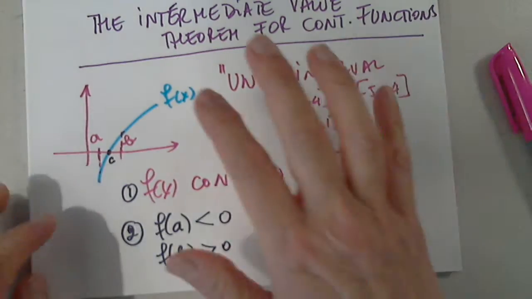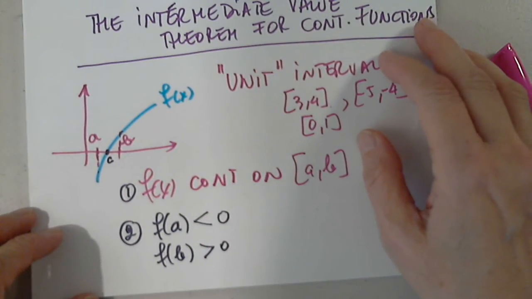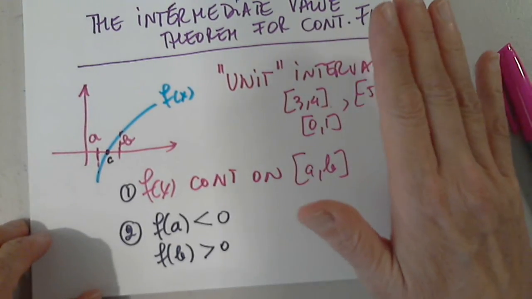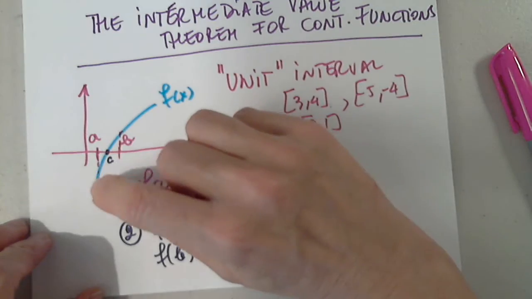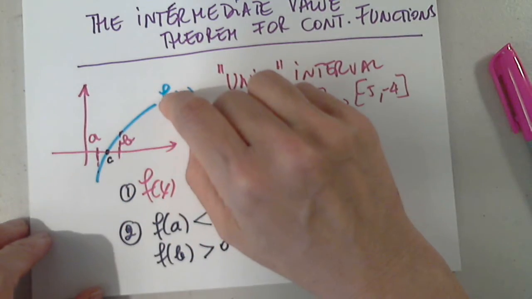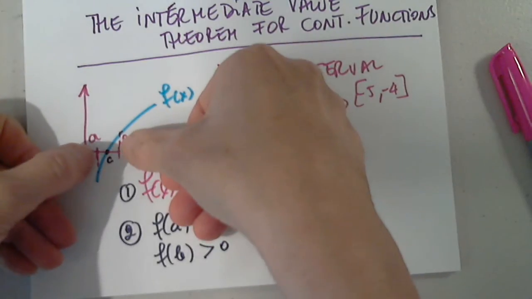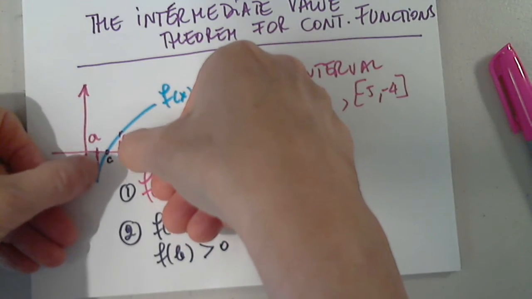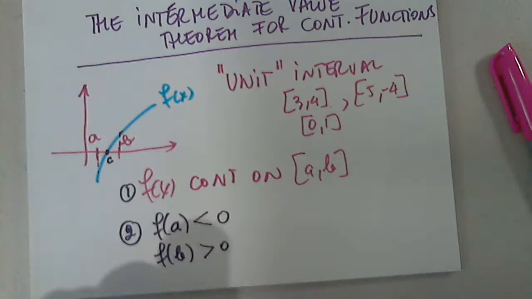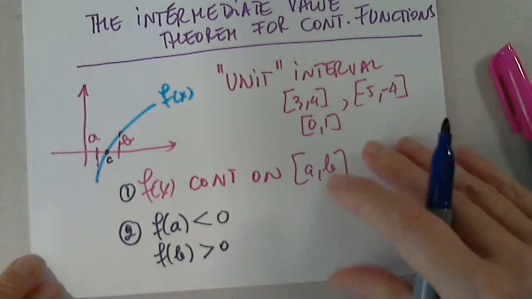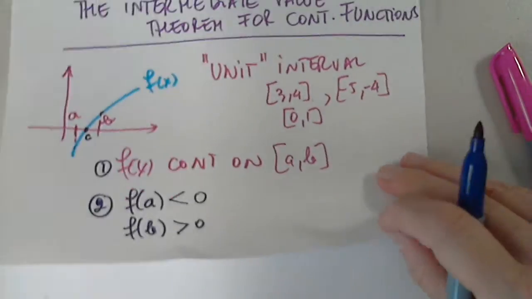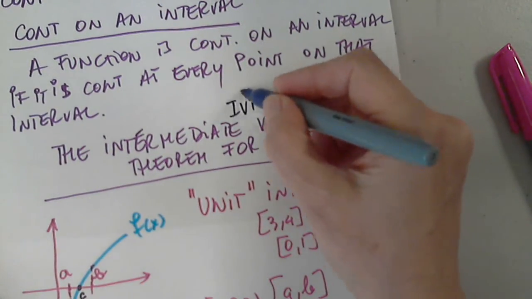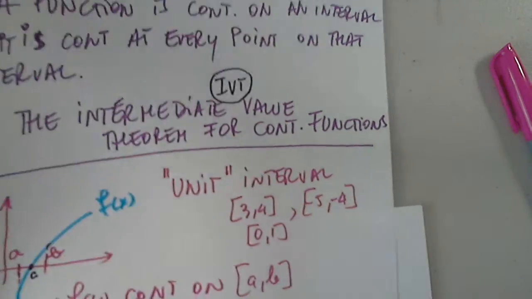So what the intermediate value theorem says, really, we haven't drawn any conclusion yet, but what it really says is this. If a function is continuous on an interval, and we see it changes sign on that interval, from 1 and 2, we abbreviate IVT, intermediate value theorem.